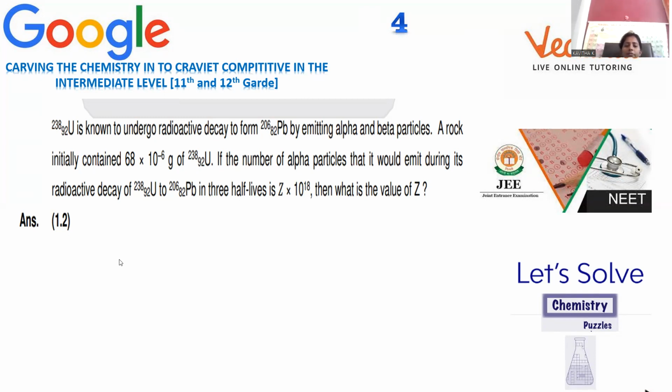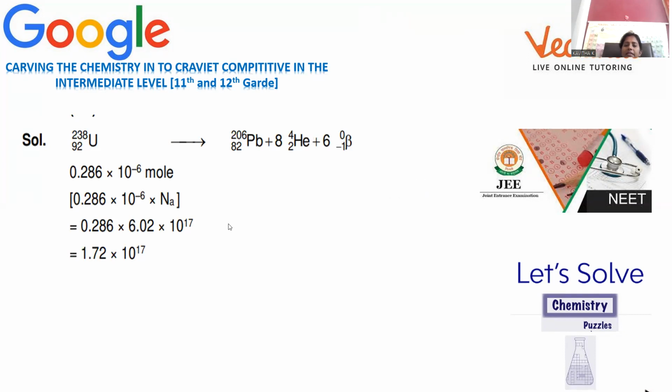It is a question from nuclear chemistry, and again it is a problem-solving session. Uranium 92 238 gives rise to the final product lead 82 with 206 atomic weight. The atomic weight difference is 32 and the atomic number difference is 10.